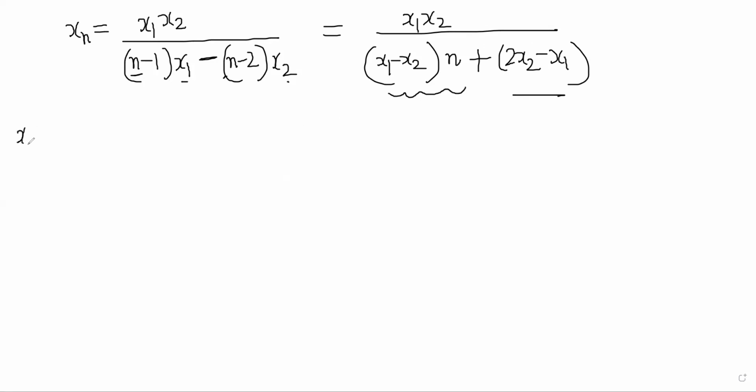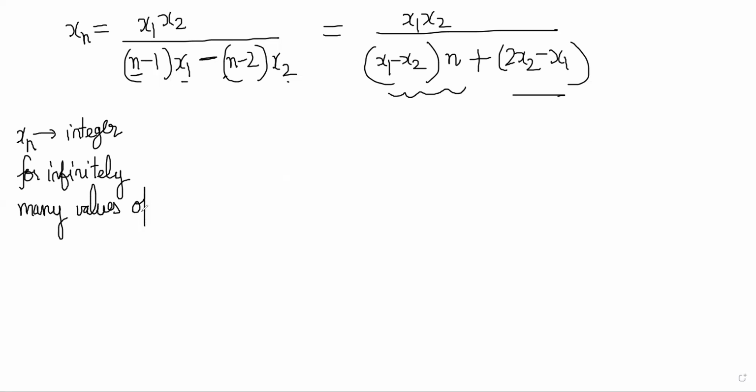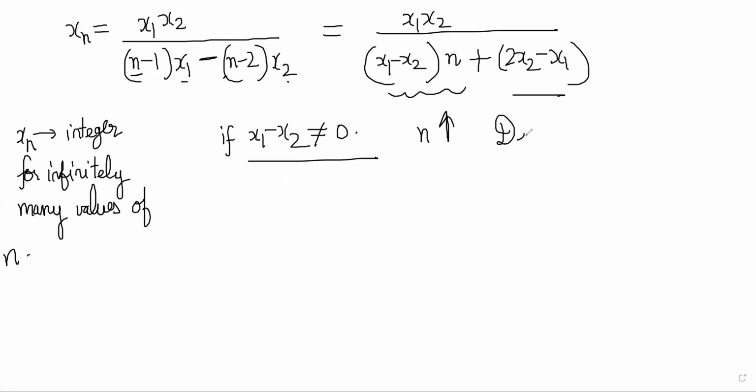Now I want xn to be an integer for infinitely many values of n. Infinitely many values of n, right? Now you will realize that if x1 minus x2 is not equal to 0, then as n increases, the denominator of this fraction increases.